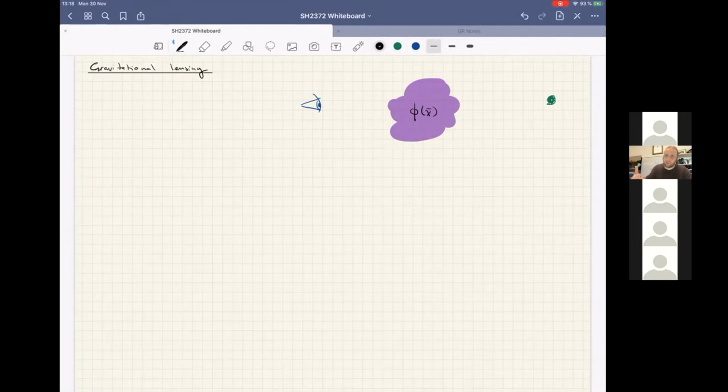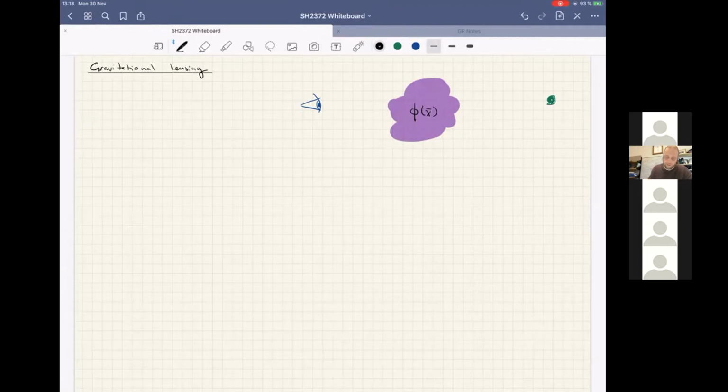So this could be anything massive. If we work in the weak field regime, it can't be too massive, or we will get out of the weak field regime. But for example, it could be a dark matter halo of a galaxy or a galaxy cluster. We will see an example of that later on.